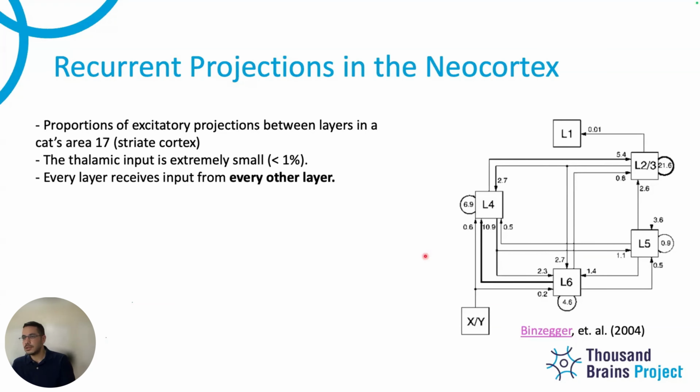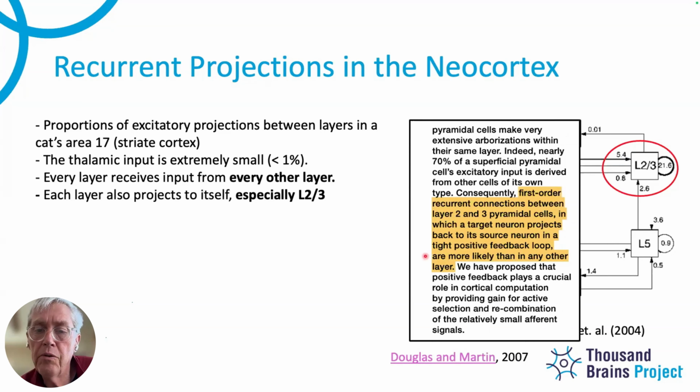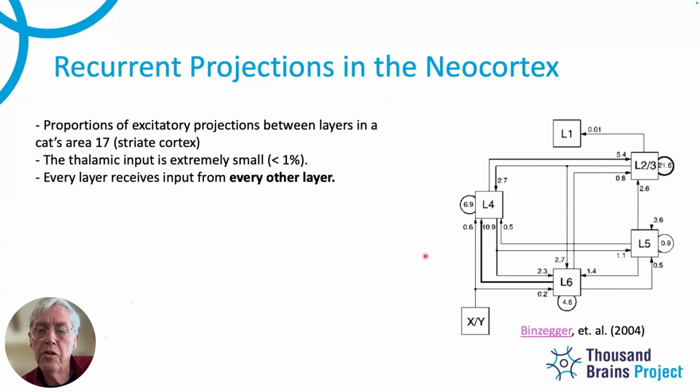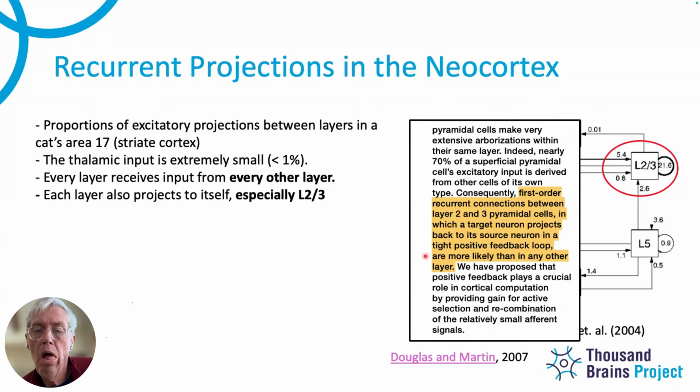So what was your point about this? You brought this up because of the recurrent connections, layer 2, 3, and layer 4? There are a lot of recurrent connections, and in another paper they hypothesize, or they just say, that there is a tight positive feedback loop in here, which I think is good evidence.